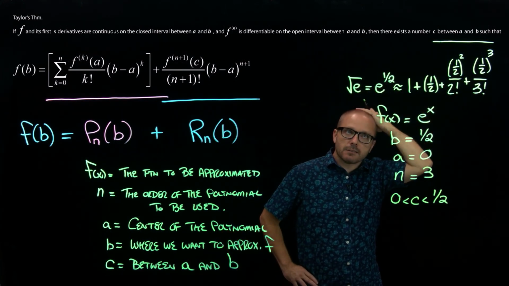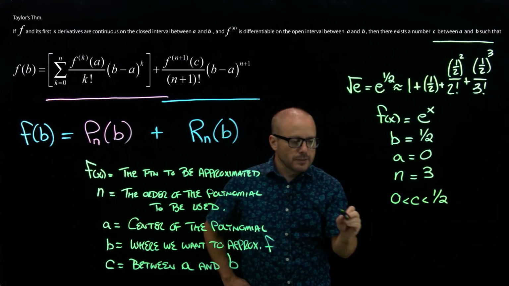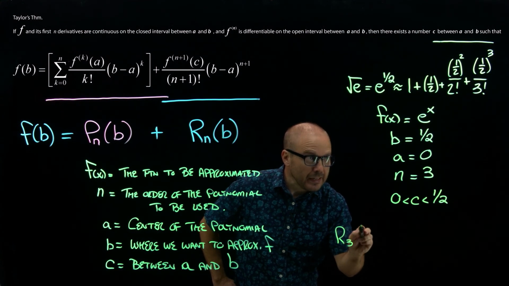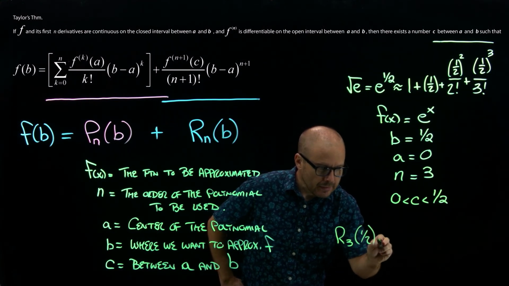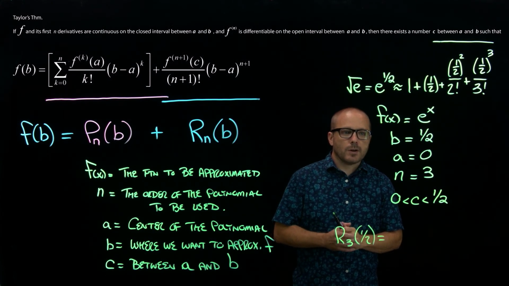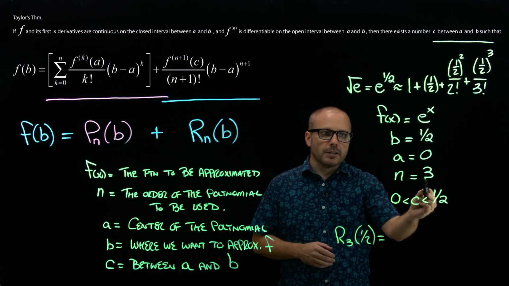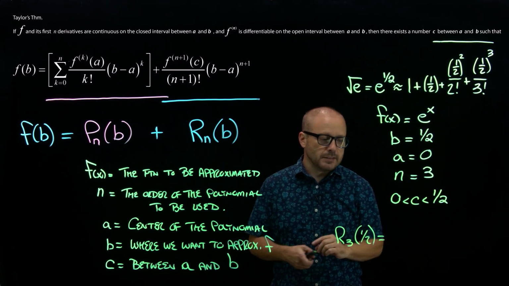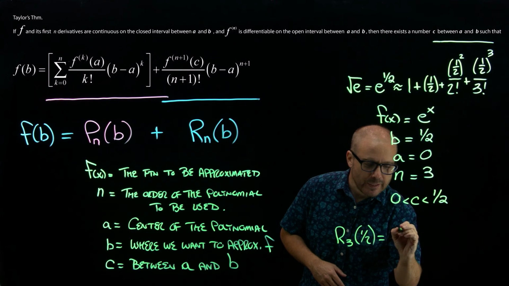Now, how good is it? Well, that's what Taylor's theorem says. In this case, r sub 3 at a half is the n plus 1 derivative. So the fourth derivative of f. So the fourth derivative of e to the x. Well, that's easy. All derivatives of e to the x are e to the x.